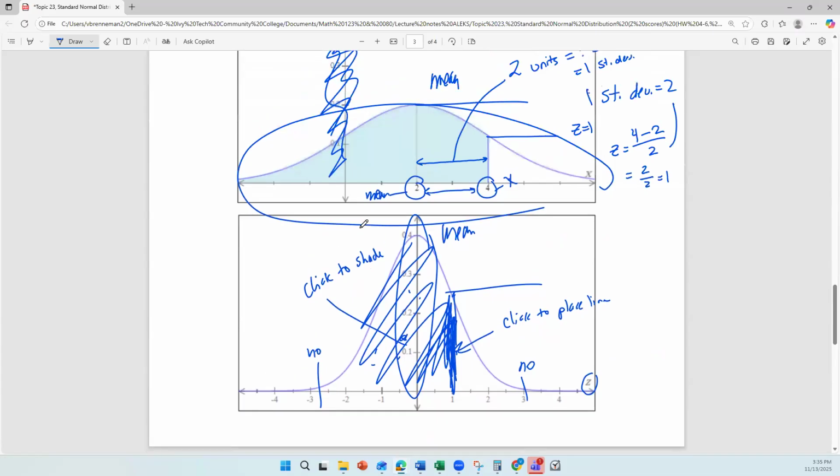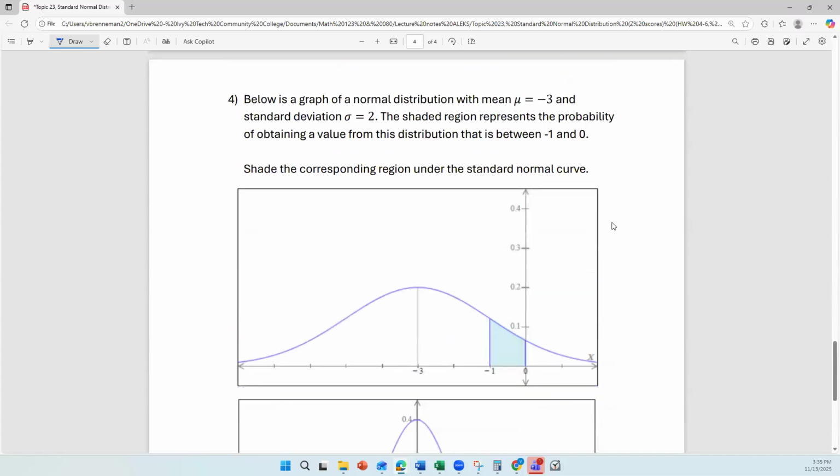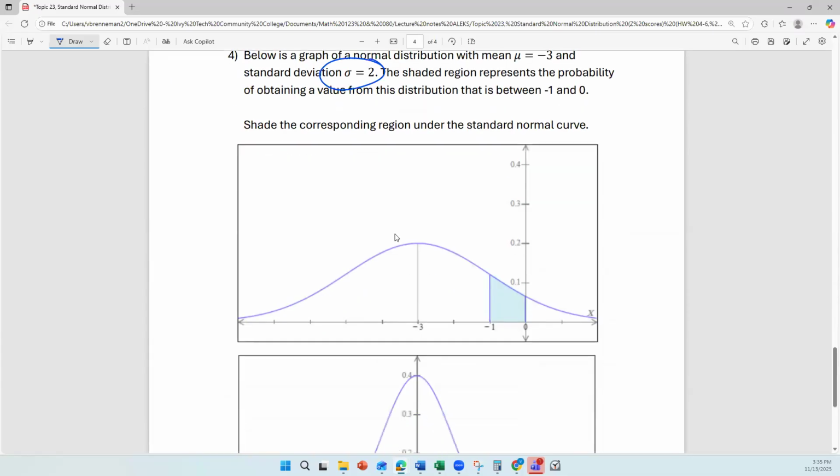But again, if I just roughly say, I want a graph that looks like this, that's what you're producing. So another example, again, we have a standard deviation of 2. That's important to know. And now I have this area.